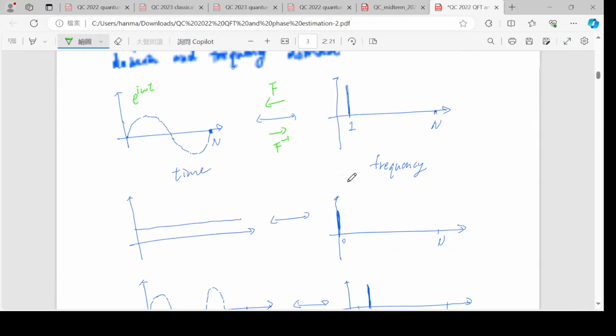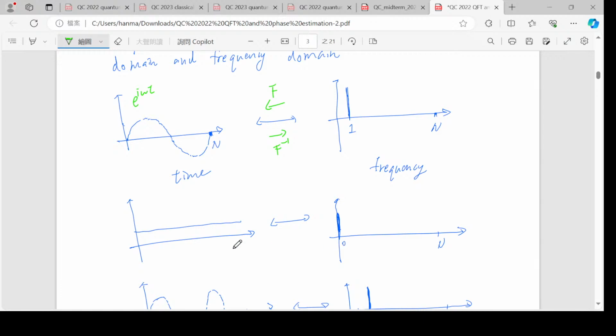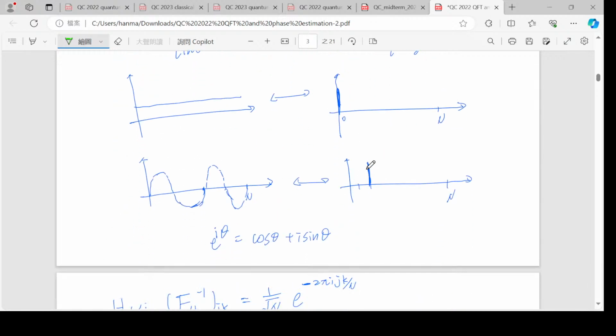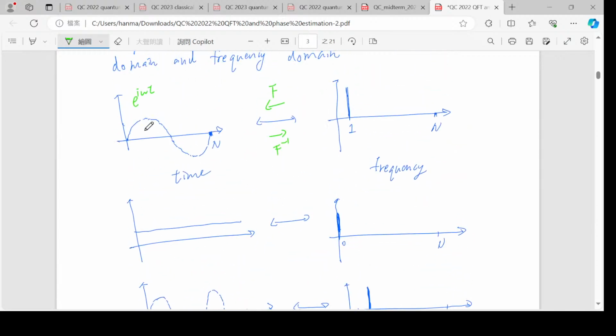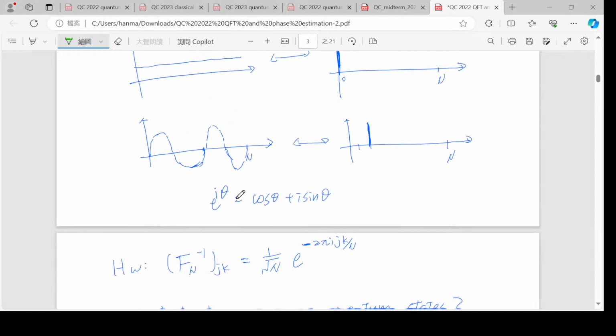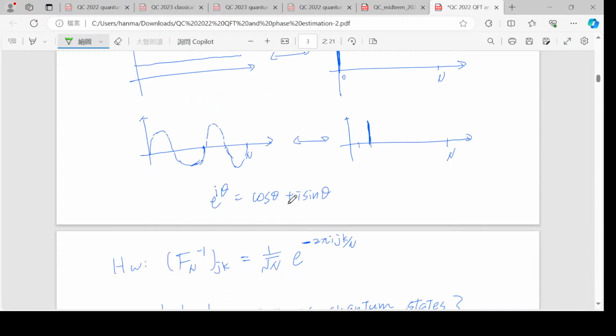If you have a frequency 0 component here, it transforms to a constant function. And a higher frequency component transforms to a higher frequency function, etc. And this sinusoidal is like a complex exponential, because a complex exponential is cosine theta plus i sine theta.